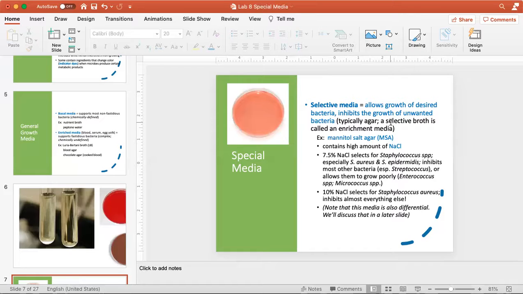Now, one of the selective media that we're actually going to talk about in our exercise today is this one called mannitol salt agar, or MSA. This is one of the most common selective media that are used. Now, MSA has one secret ingredient in it, and that's sodium chloride.